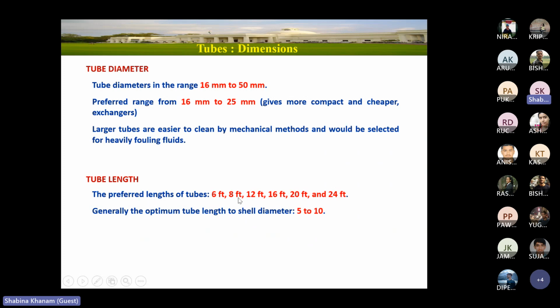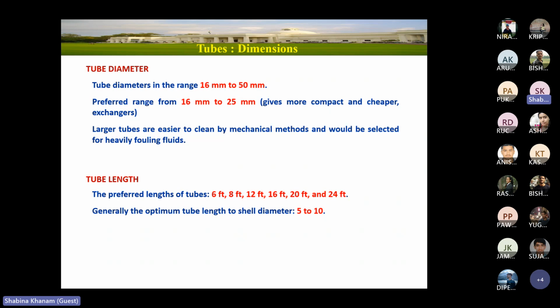Let's say you have chosen 8 feet as the length and 3/4 as the outer diameter. Based on that you can calculate the area of one tube. You already know the total heat transfer area; divide it by the area of one tube and you find the number of tubes.